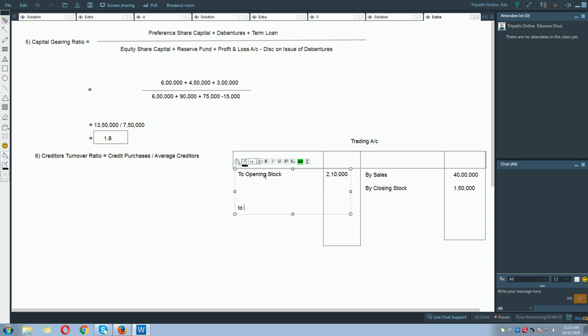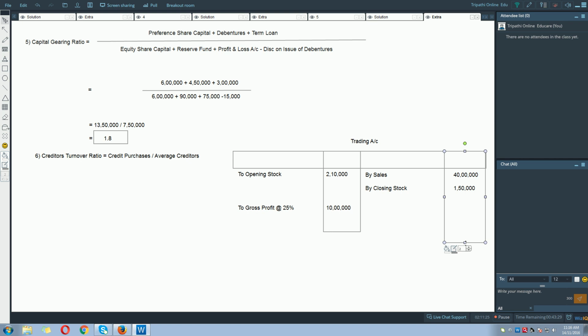Next we will calculate sixth. Creditors turnover ratio, that is credit purchase upon average creditor. See, we want two things over here. One is the credit purchase and second average creditor.